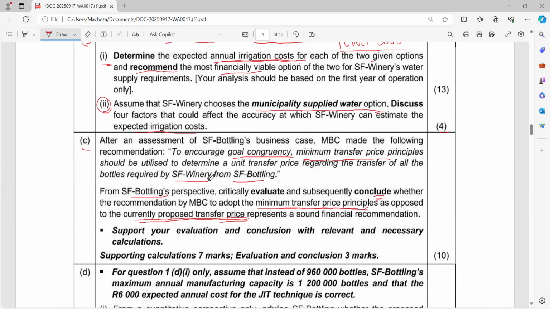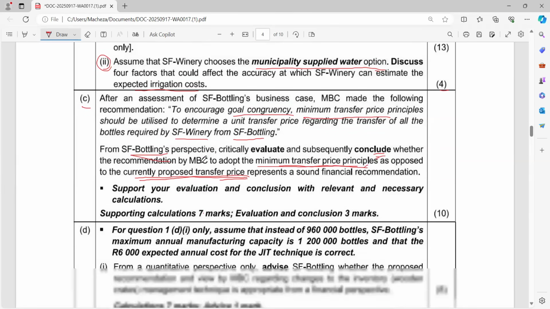Who is SF Bottling? SF Bottling is the one who is supplying the bottles. Transferring, yes. So which means our perspective should be based on SF Bottling. So if we apply the minimum transfer price, is SF Bottling going to benefit?